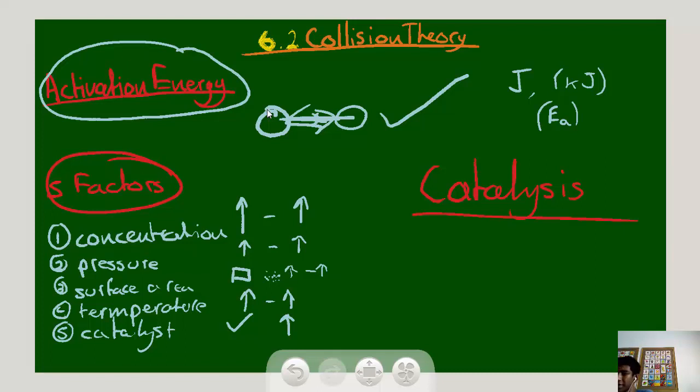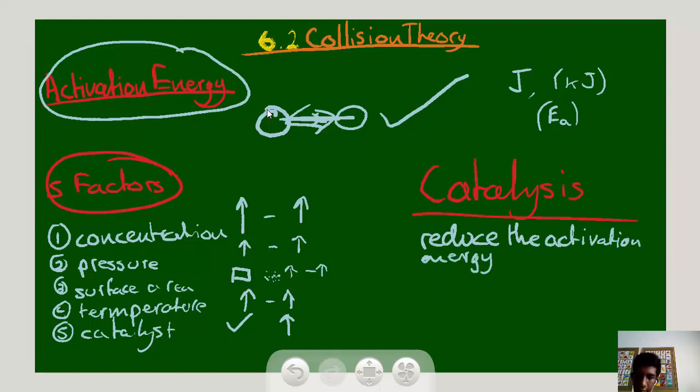So the purpose of a catalyst is essentially to reduce the activation energy. By reducing the activation energy, although it won't necessarily increase the number of collisions that take place, more collisions would be considered successful.